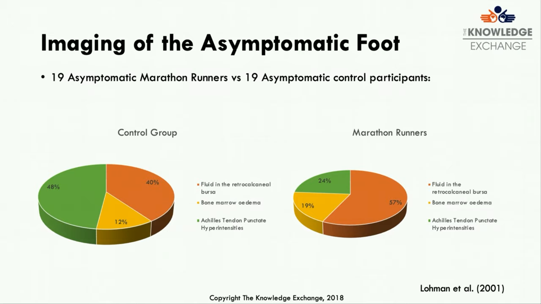Signal alteration within the soleus muscle, consistent with a grade 1 strain, was found in 1 marathon runner. Small hyperintensities within the Achilles tendon were seen in 26% of the marathon runners and in 63% of the control participants. An increased amount of fluid in the retrocalcaneal bursa was also found in 1 control and in none of the marathon runners.